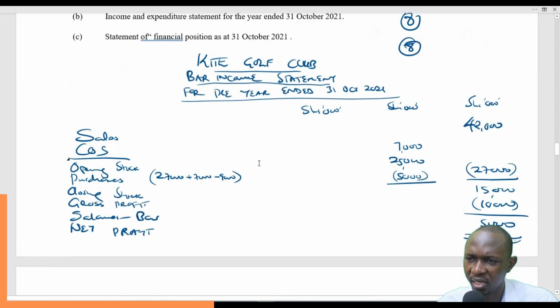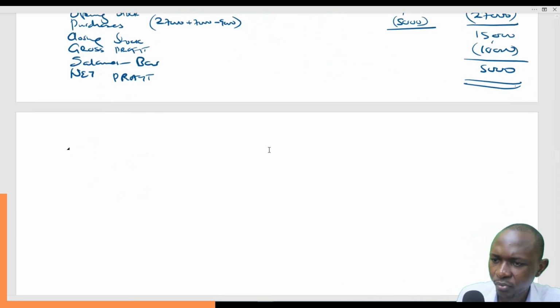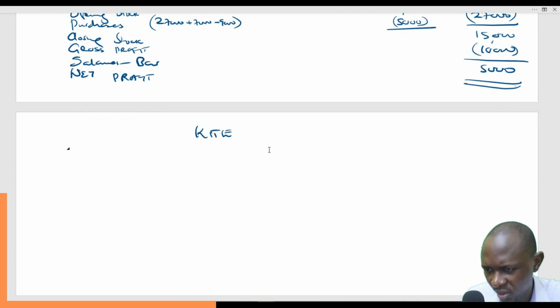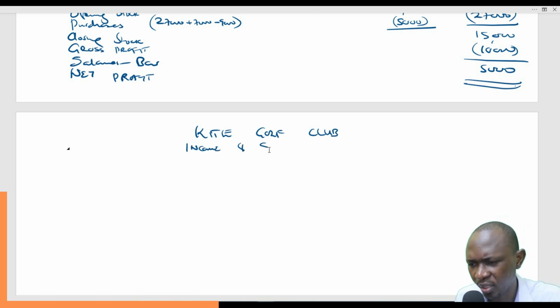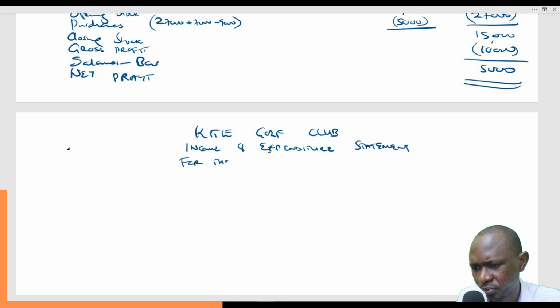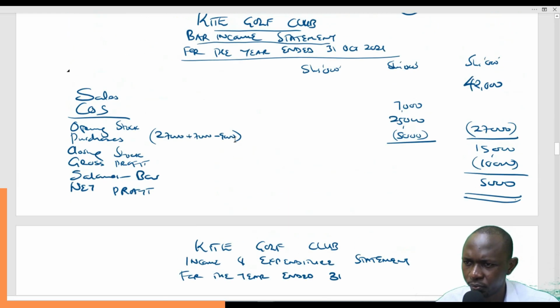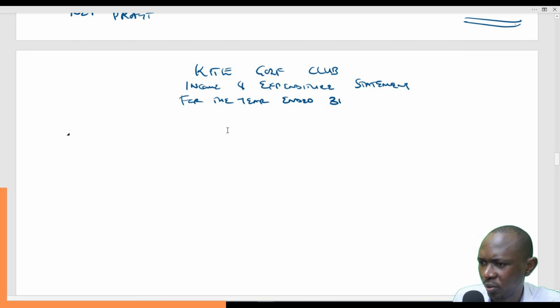So we'll come again here and say Kite Golf Club, income and expenditure statement for the year ended 31st October 2021.